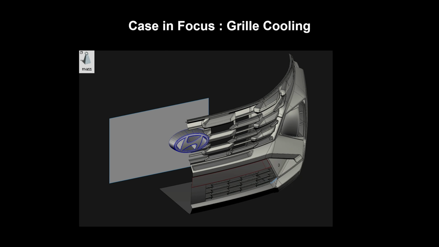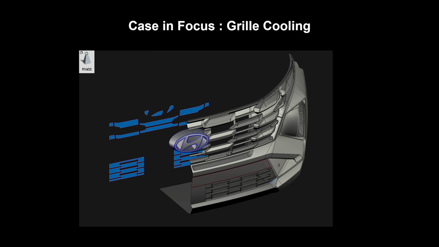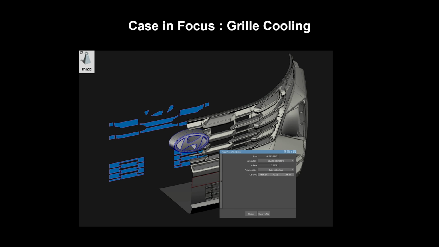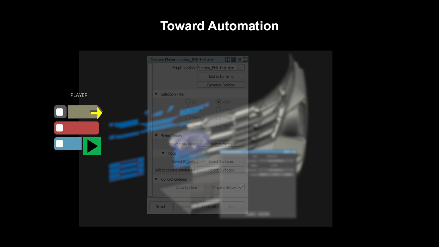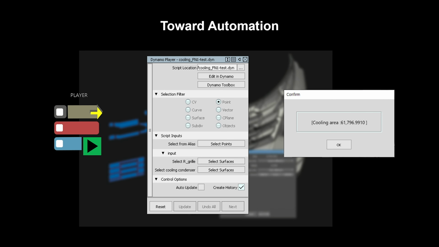Right now, if we want to check the cooling area in Alias, we use the mass evaluation tool. But before that, we have to manually subtract the grille surface and any internal structures inside the zone. It works, but it's time-consuming, and it breaks the flow. So we are working on a Dynamo script that automates this whole process.